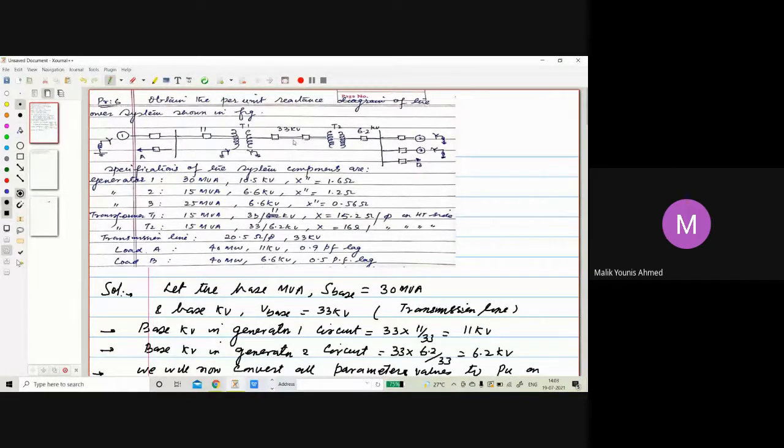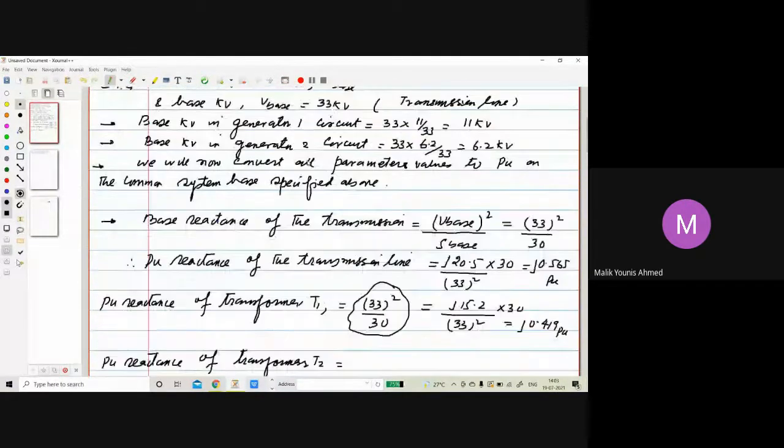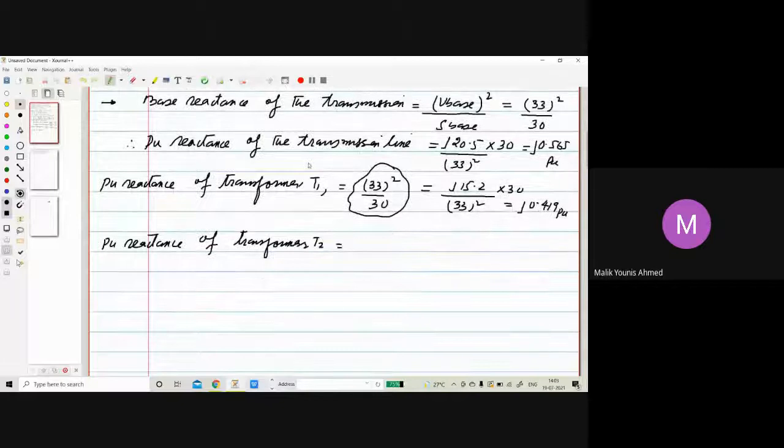So 33 square divided by 30 is the base value. So j16 multiplied by 30 divided by 33 square, actual value divided by base value. That will be j0.44 per unit.